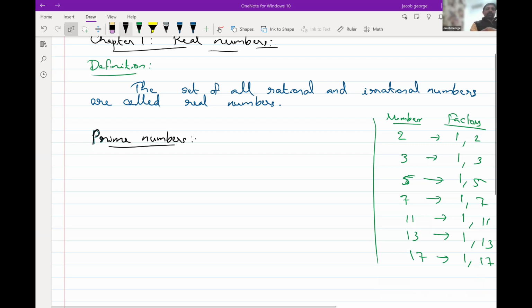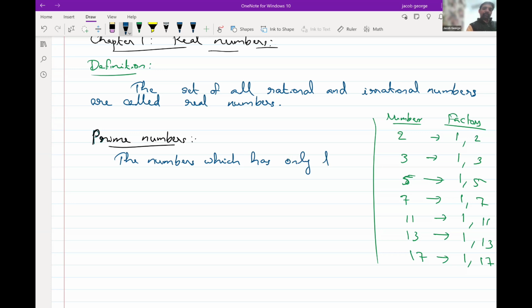So prime numbers means the number which has only 2 factors, 1 and the number itself, is called a prime number.